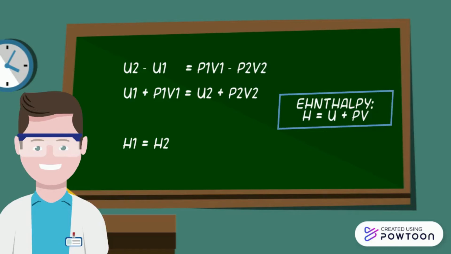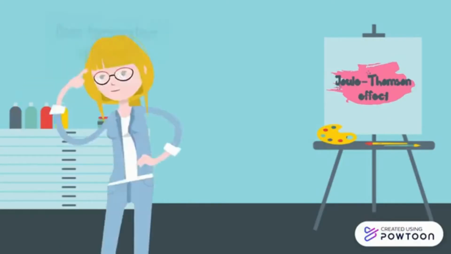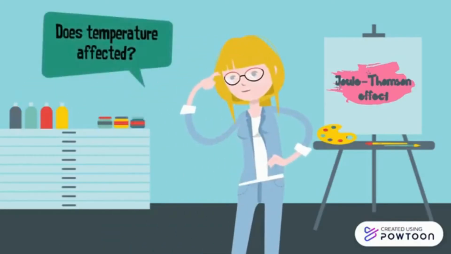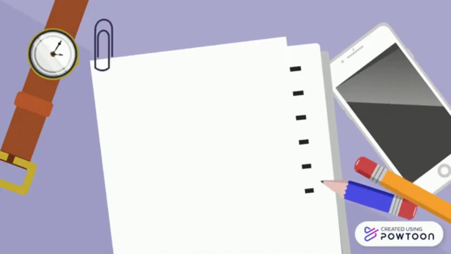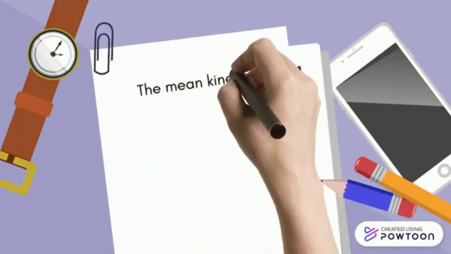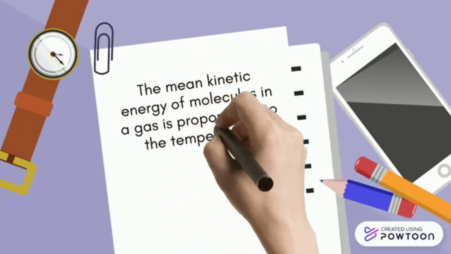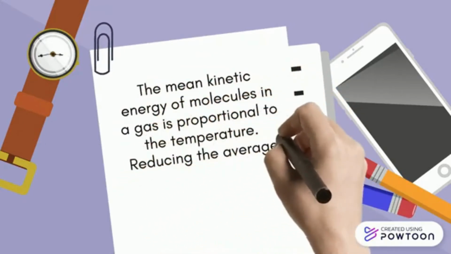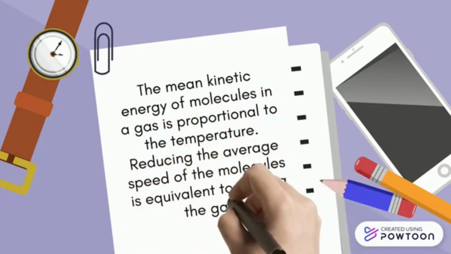This equation proves that the Joule-Thomson effect occurs in an isenthalpic process, meaning that the expansion occurs without a change in enthalpy. Now, a question arises: how does this process relate to the change in temperature? As we already know, the mean kinetic energy of molecules in a gas is proportional to the temperature. It shows that reducing the average speed of the molecules is equivalent to cooling the gas.